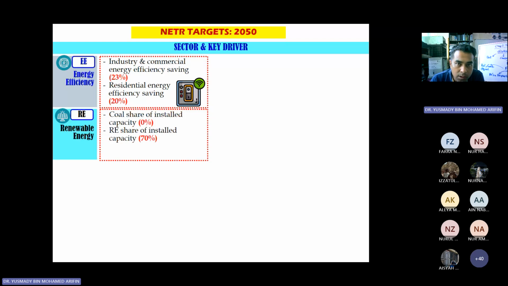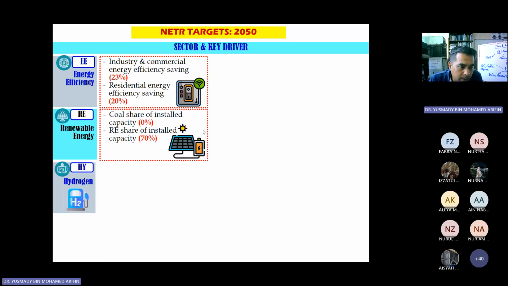So by 2050, the government targets that any company or any energy sector will not use any coal. That's why here we have 0% of coal share of installed capacity. And renewable energy involvement at the installed capacity is to try to increase up to 70%.